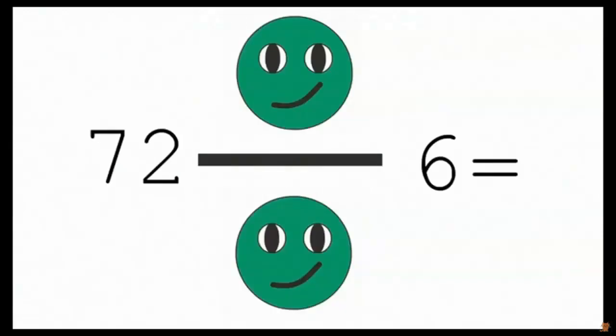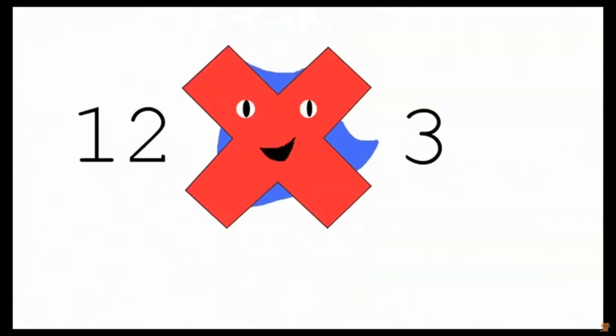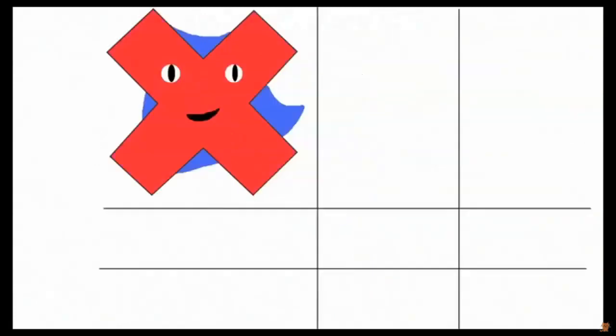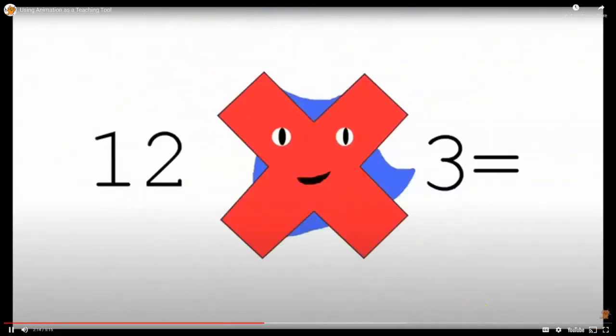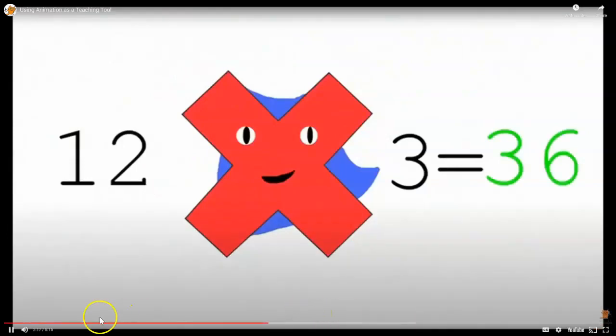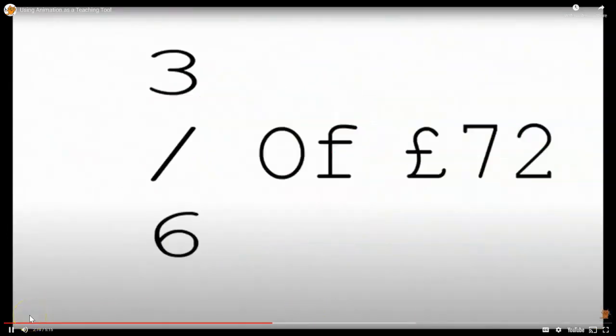The answer is 12. Now, 12 times 3. 1 times 3 equals 3. 2 times 3 equals 6. The answer is 36. Therefore, 3/6 of £72 equals £36.